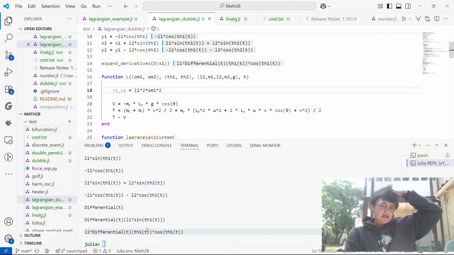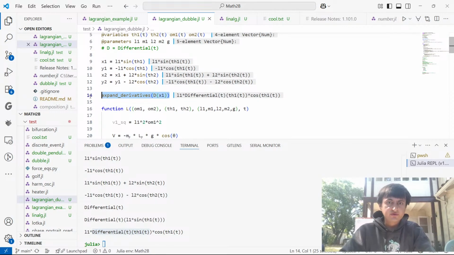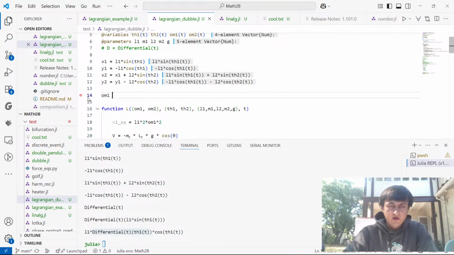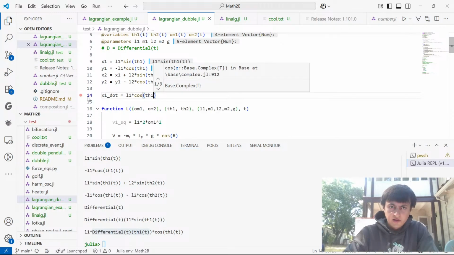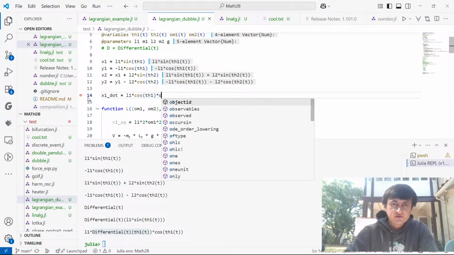Because the thing is, I don't know if it's going to associate this, because alternatively what we could do is we could just write this manually, that omega 1 is equal to, wait, no. X1 dot is equal to L1 times cos theta 1 times omega 1, right?